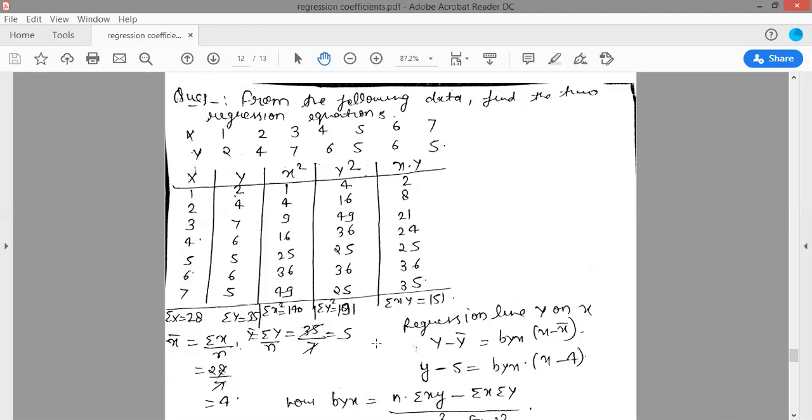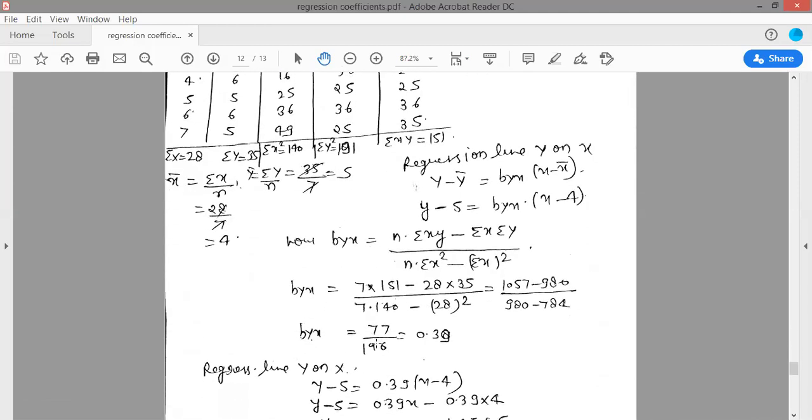Now we know that regression line y on x is y minus y bar is equal to byx into x minus x bar, right? So we have x bar, y bar, but we don't have byx. So byx we will calculate, and the byx formula we know: byx is equal to n into summation xy minus summation x summation y, upon n into summation x square minus summation x whole square.